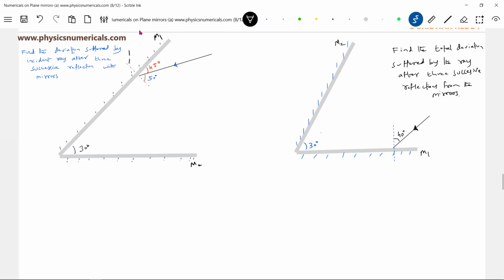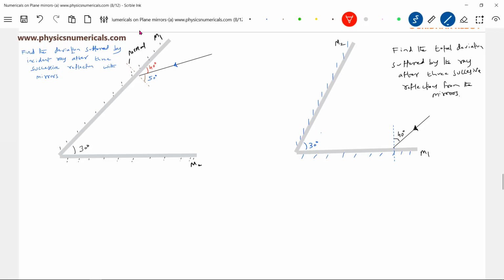There's a normal, normal to mirror M1. And we know that this total angle should be 90. So therefore this will be 40. So angle of incidence should equal angle of reflection.